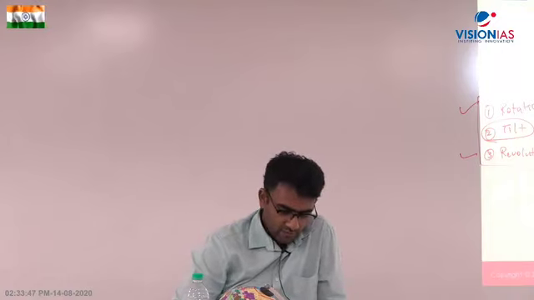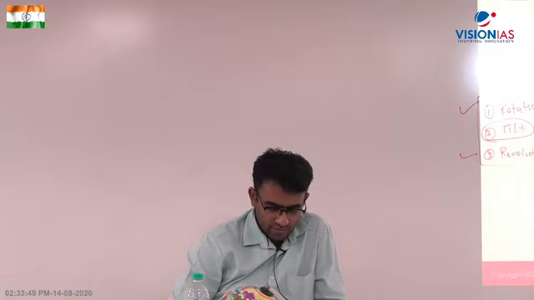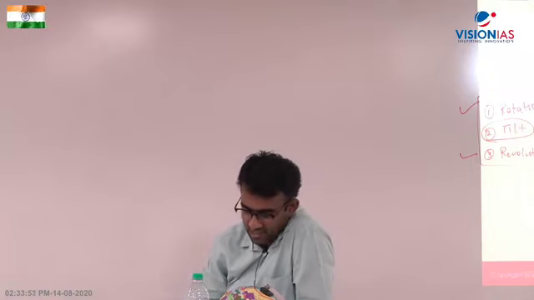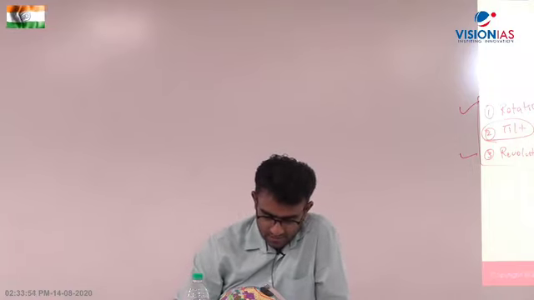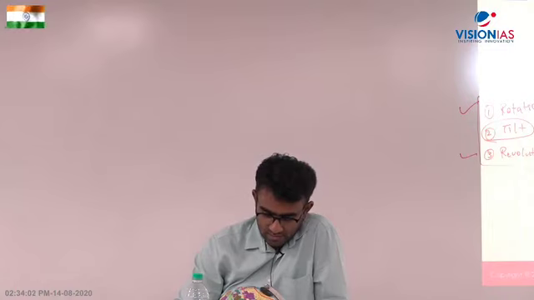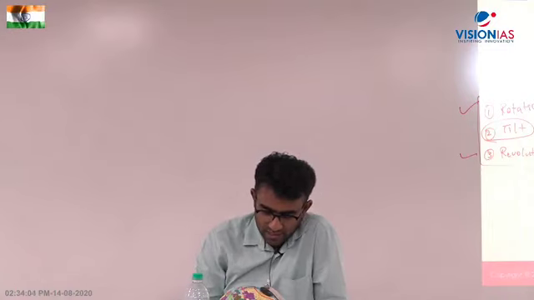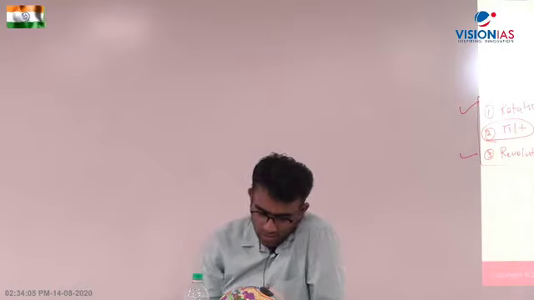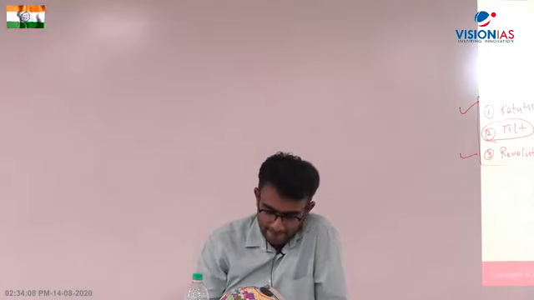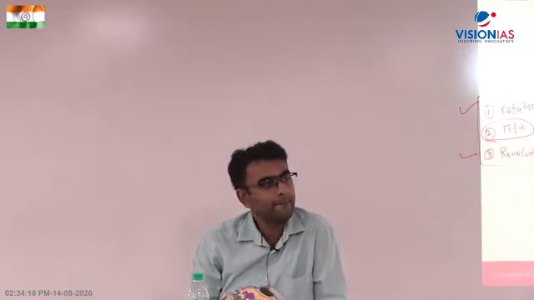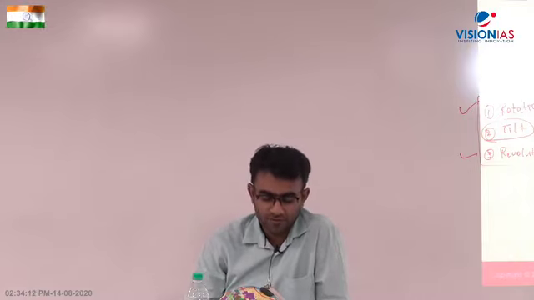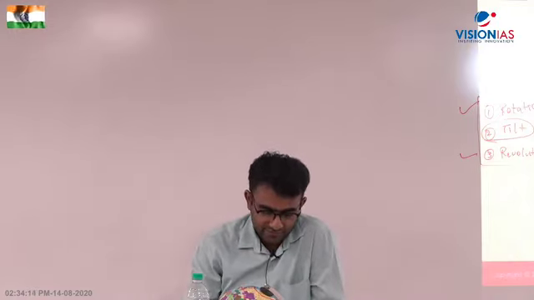Autumnal equinox or fall equinox, both are same. The first point, the sun rays are falling vertically along the equator.